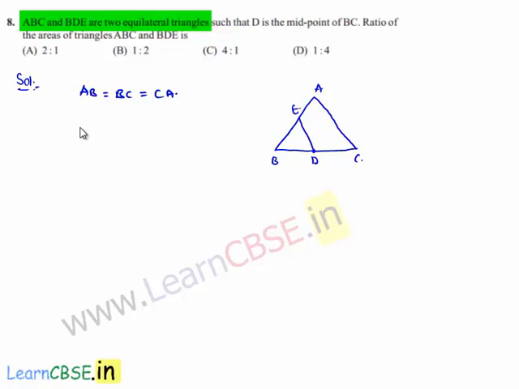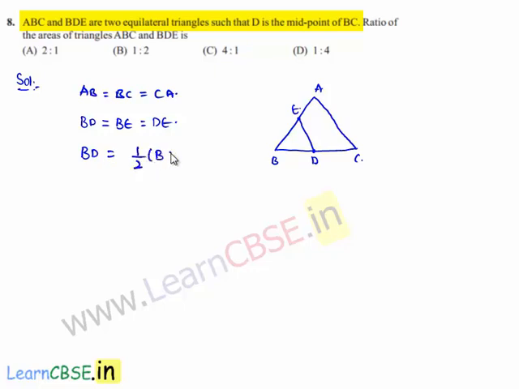So here, as BDE is an equilateral triangle, we can say BD is equal to BE is equal to DE, and as D is the midpoint of BC, we can say BD is equal to half times BC.